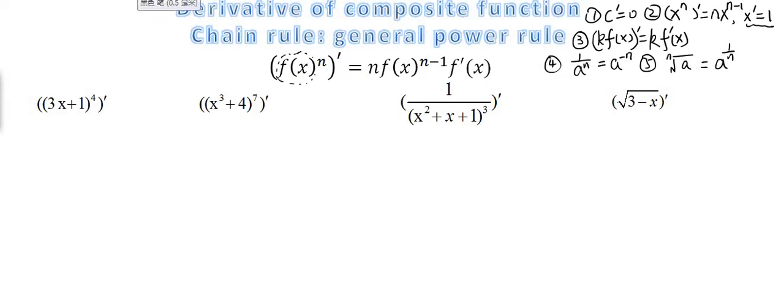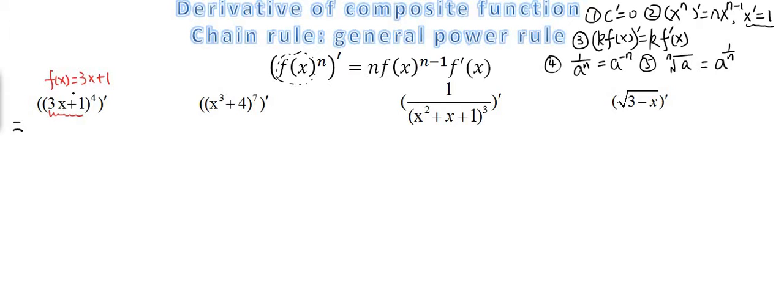Now let's take a look at the first problem. For the first problem, we want to identify what f(x) is, and we can find f(x) is 3x plus 1. Of course we know the n corresponding here is 4, right?